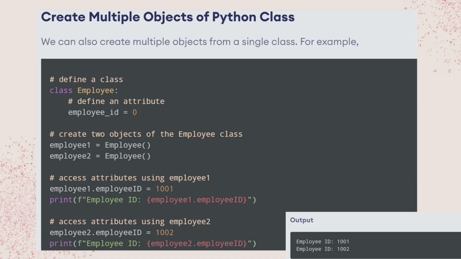The attribute is the same, but the values passed for it are different. So the first value I have passed is 1001, so that will be printed, and for the other object I will pass another value for the same ID, which will be printed as 1002.